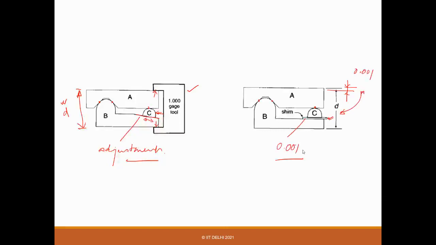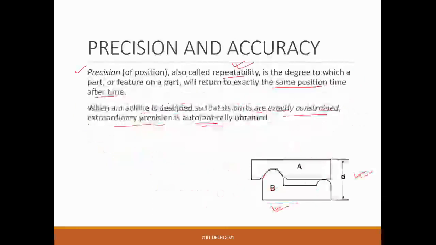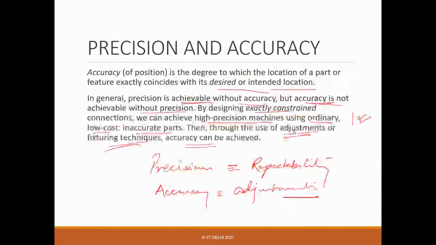So it means you don't need to have very accurately machined parts A and B. Using the same concept, you use ordinary low-cost inaccurate parts, increase the repeatability, and then providing some adjustment, you achieve the accuracy also, right?